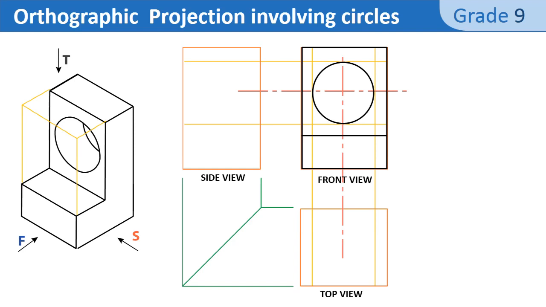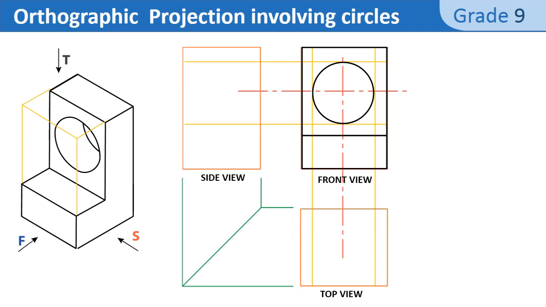Now we move to the side view. As you see, I have to take only the measurement of the thickness of the upper part of the L shape, as the rest of the outline will be placed on the projection lines.